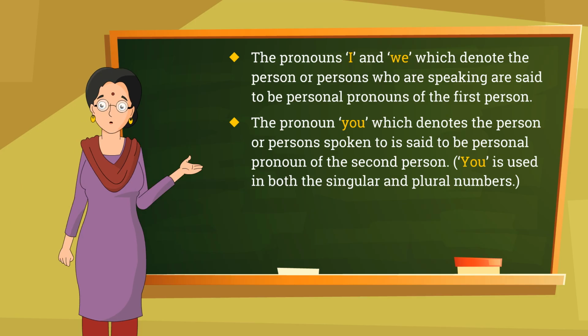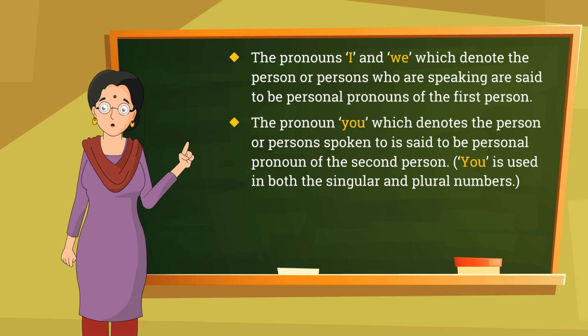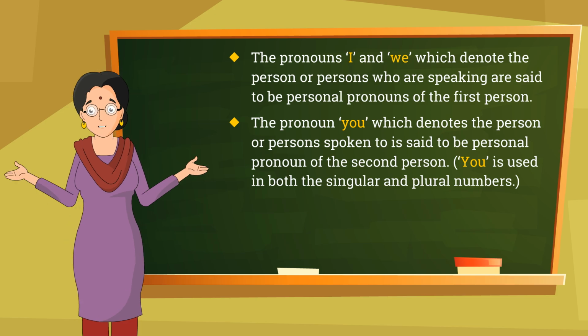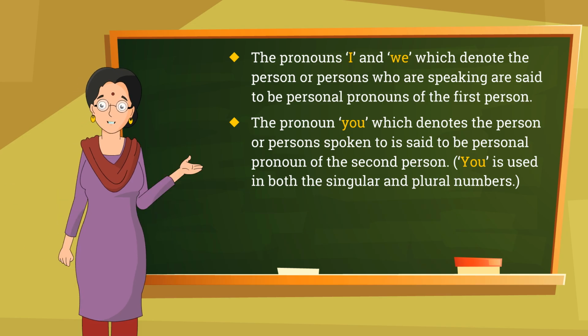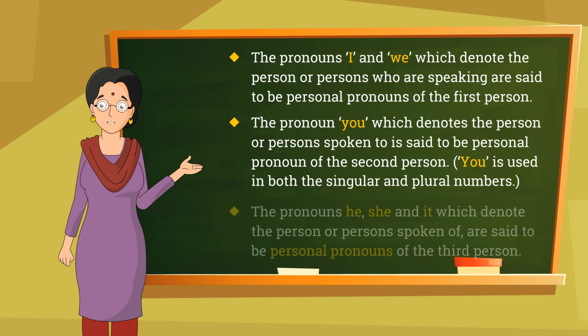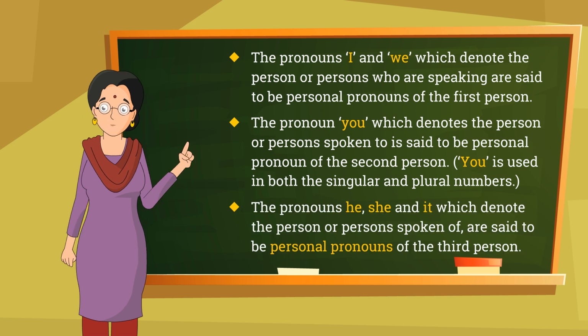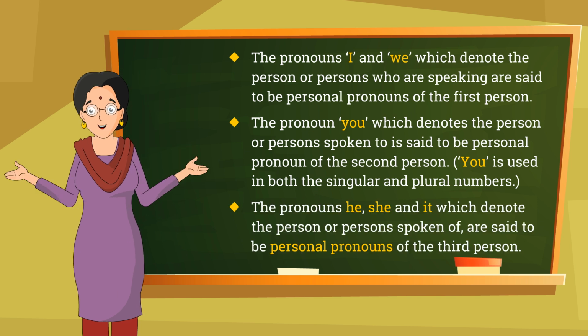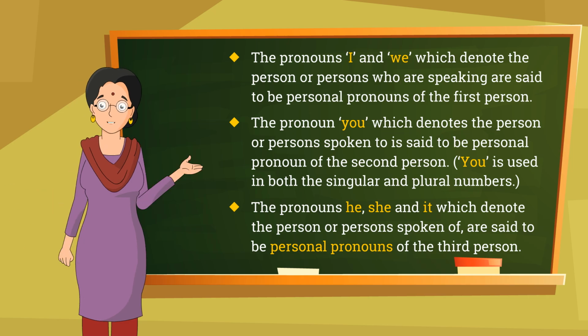The pronoun you, which denotes the person or persons spoken to, is said to be personal pronoun of the second person. You is used in both the singular and plural numbers. The pronouns he, she and it, which denote the person or persons spoken of, are said to be personal pronouns of the third person.